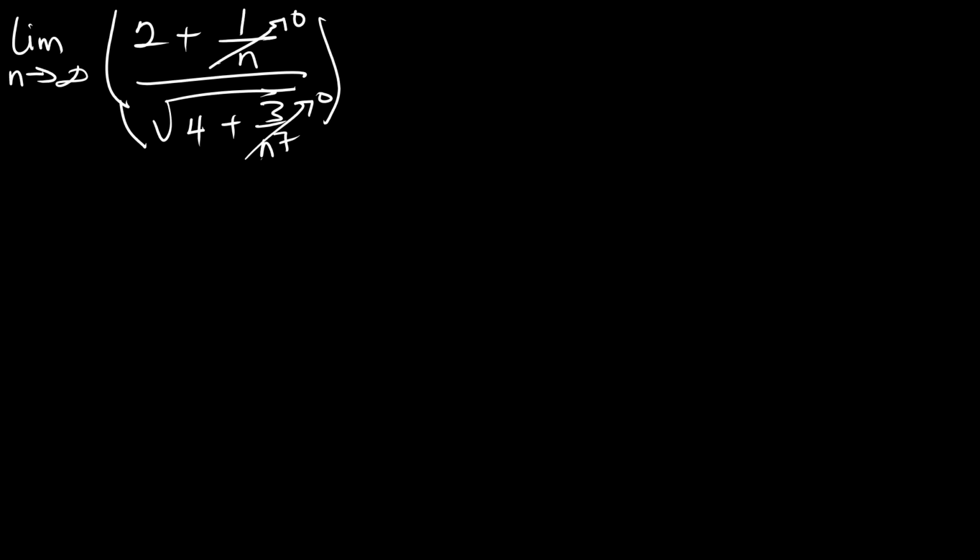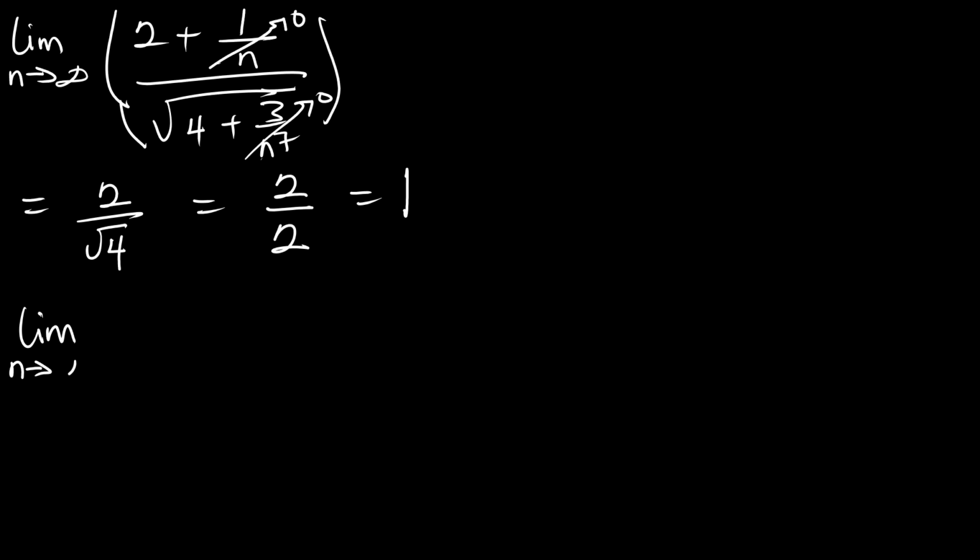So at the end of the day, we are going to have 2 on square root of what? 4. Now square root of 4 is the same as 2, and 2 on 2 is the same as 1. So have you seen that now, using the rule limits as n approaches infinity of an on bn, we are getting 1, a finite positive value.